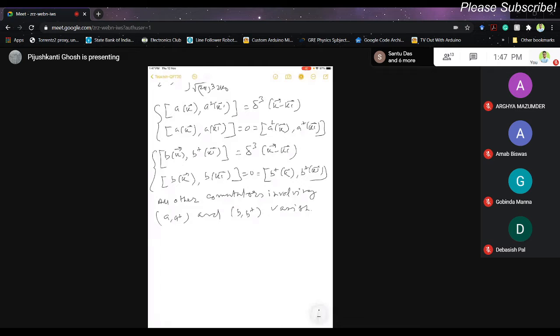You can derive these relations: a satisfies a set of relations, for the case of quantum mechanics a, a dagger is equal to 1, and all the rest, any relation involving either a b or a b dagger or a dagger b or a dagger b dagger, vanish.